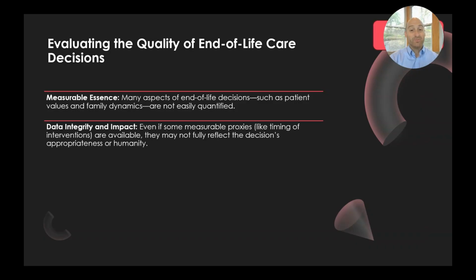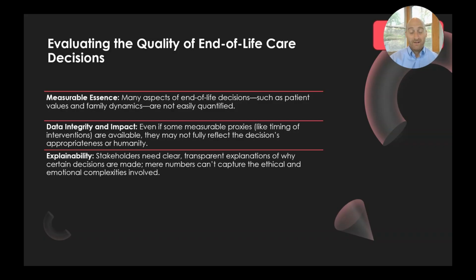Even if some measurable proxies exist, they might have some difficulty reflecting how each individual decision contributed to that quality of care. And there's probably many things that are outside of the decisions made or the care given or the things that are captured that can really affect this quality of end-of-life care.